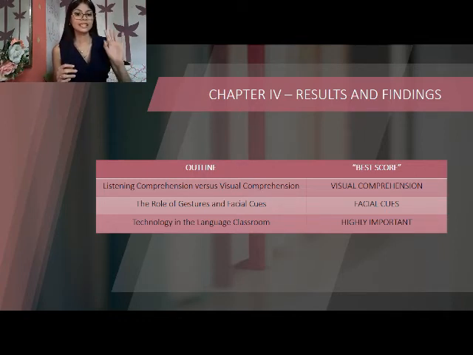Of the 3 outlines, in the first one, listening comprehension versus visual comprehension, the students decided that they work better with visual comprehension. Then regarding gestures and facial cues, they decided that facial cues are better for them. As for technology in the language classroom, it is highly important for them, and all of them decided that it is very important.